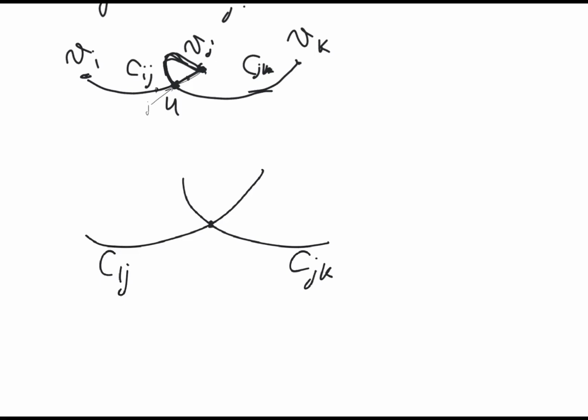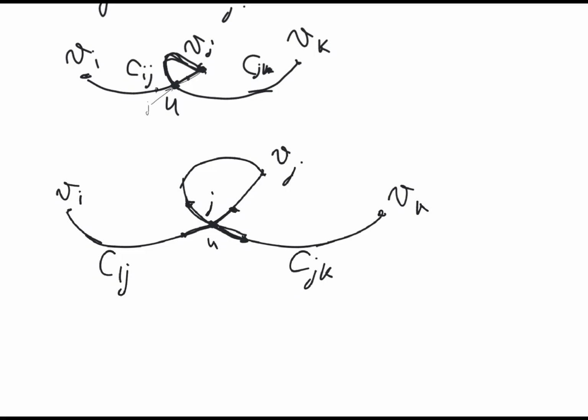So this is the vertex U and it must have color J. So Vj is somewhere here, Vi is somewhere here, and Vk is somewhere here. So we consider the previous and the next vertices on both paths. So we have these 4 vertices, right?